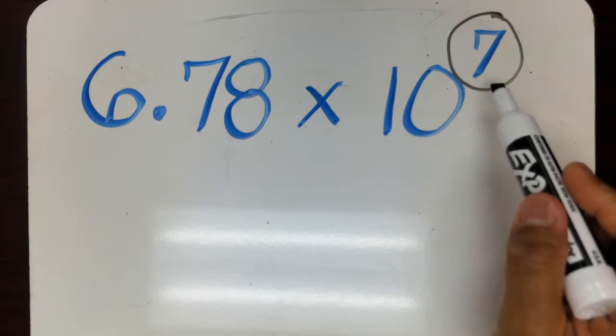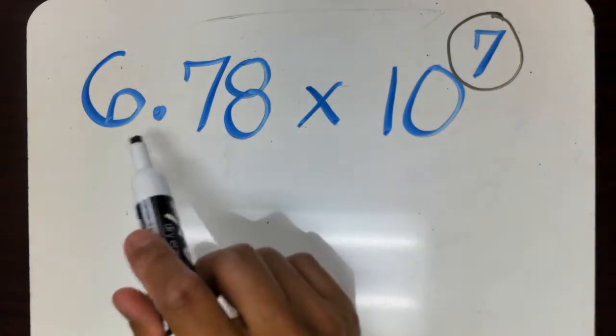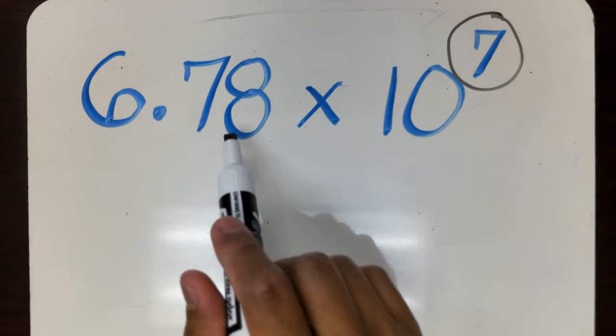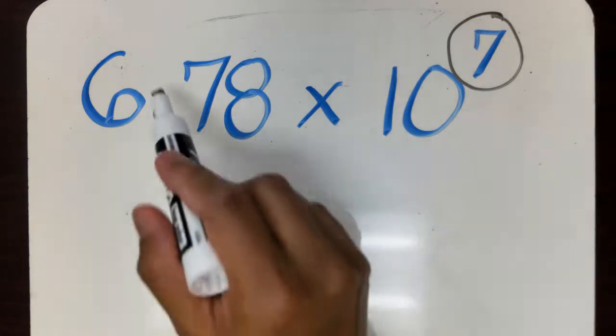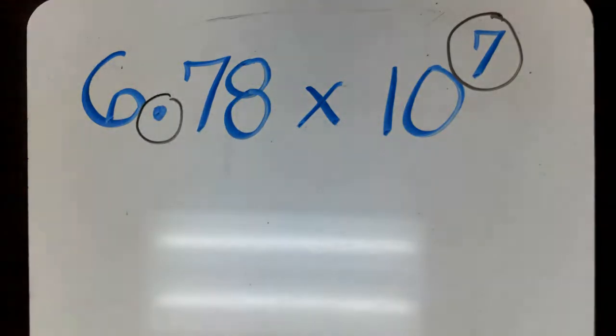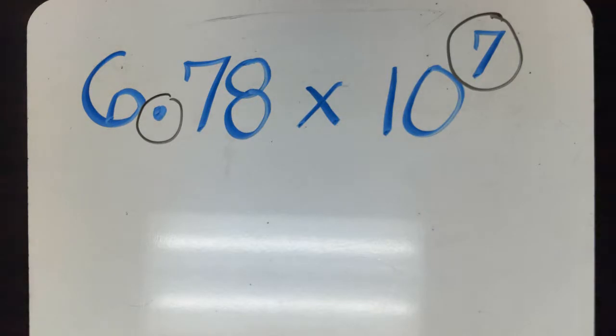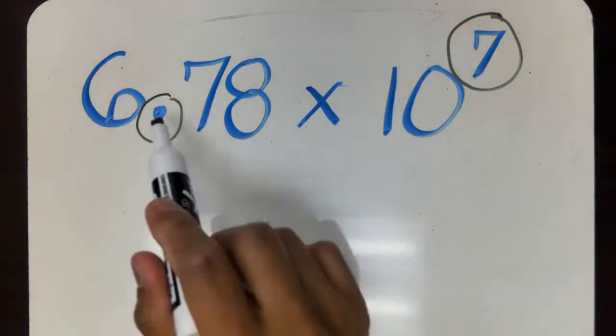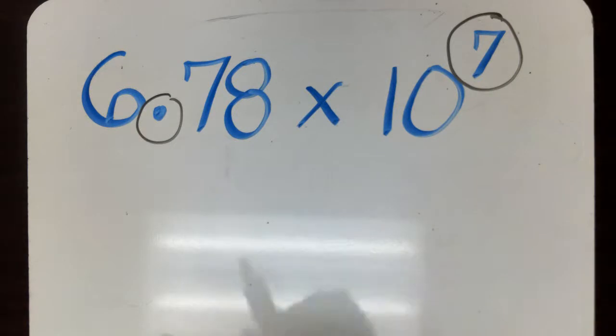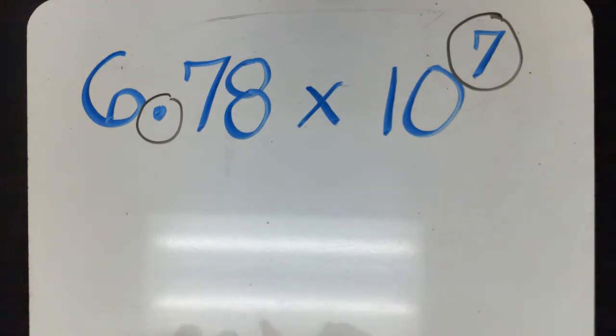Conceptually, if you want to make 6.78 a big number, should you be moving your decimal point to the left or to the right? To the right.